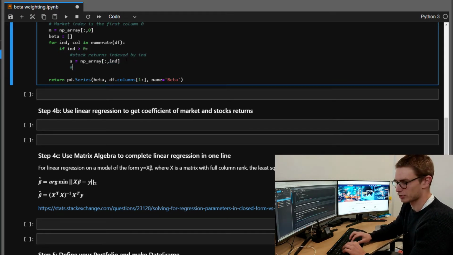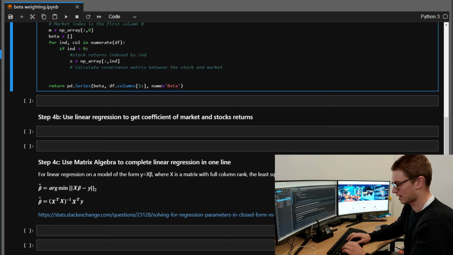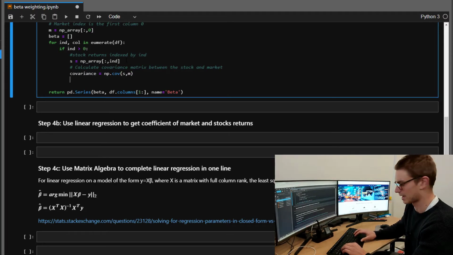Now what we have to do is calculate the covariance matrix between the stock and market. So for that we're just going to define the covariance using numpy, so numpy.cov, and we're going to take the stock, we're going to take the market, and it's as simple as that.